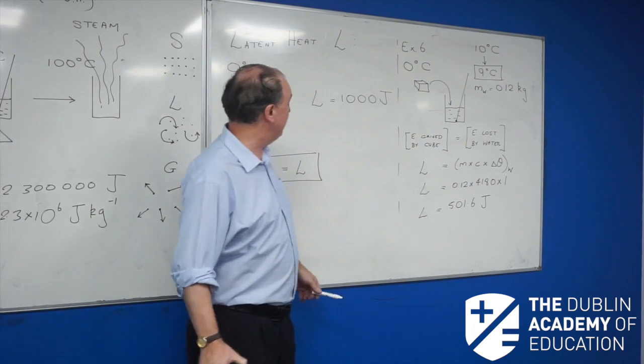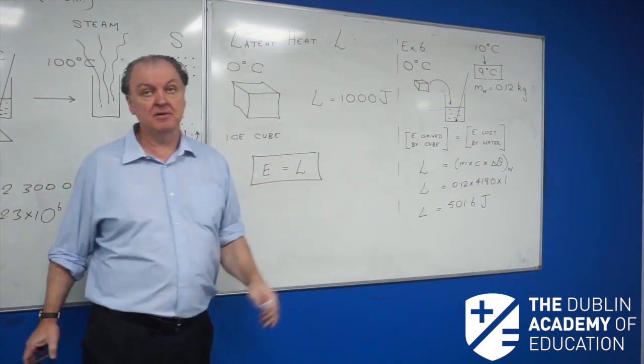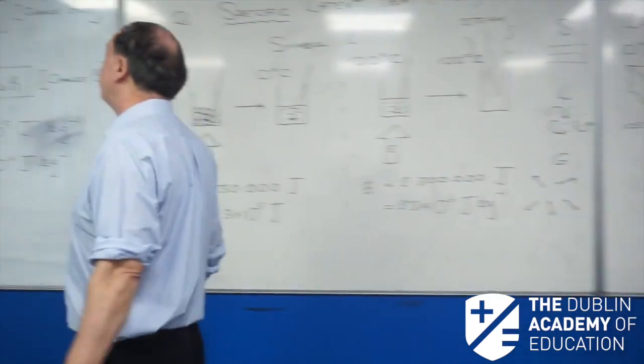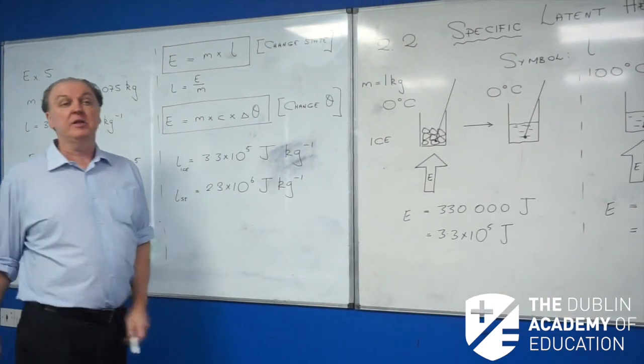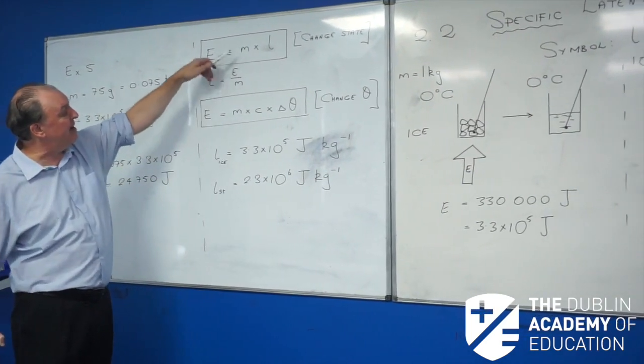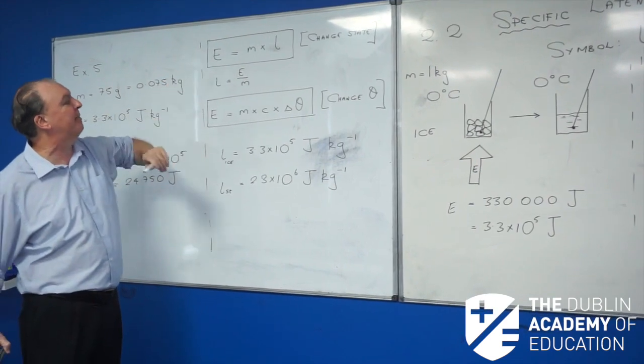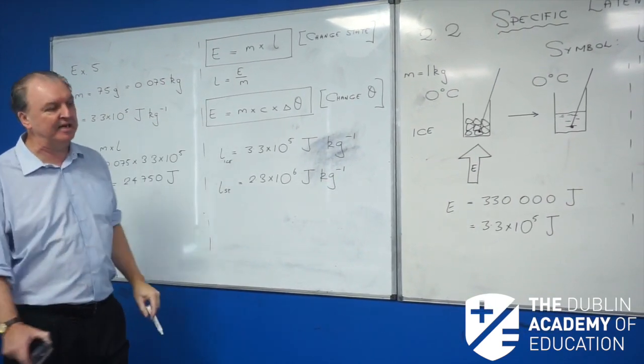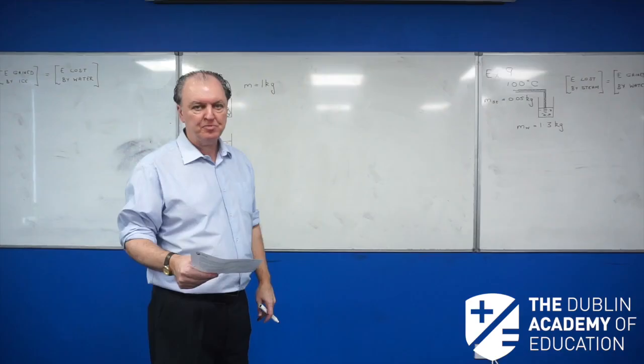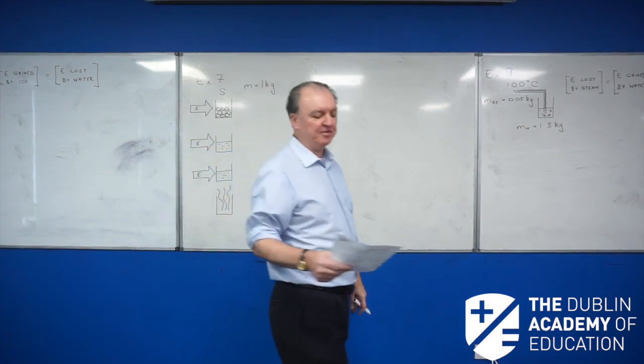Look, we rarely use that formula E is equal to L. The formulae that we use all the time have the word specific in them, and therefore the M is involved. So it's E is equal to ML and E is equal to MC delta theta. So let's move on to example 7.